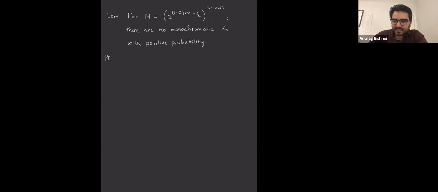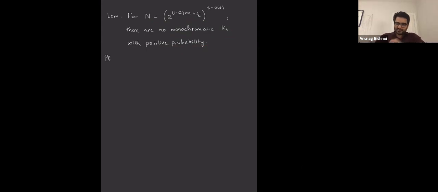So if n is large, we claim that there is no monochromatic copy of KT with positive probability. And this would imply that there must exist some coloring for which we don't have any monochromatic KT. It's the same probabilistic argument that we saw earlier.